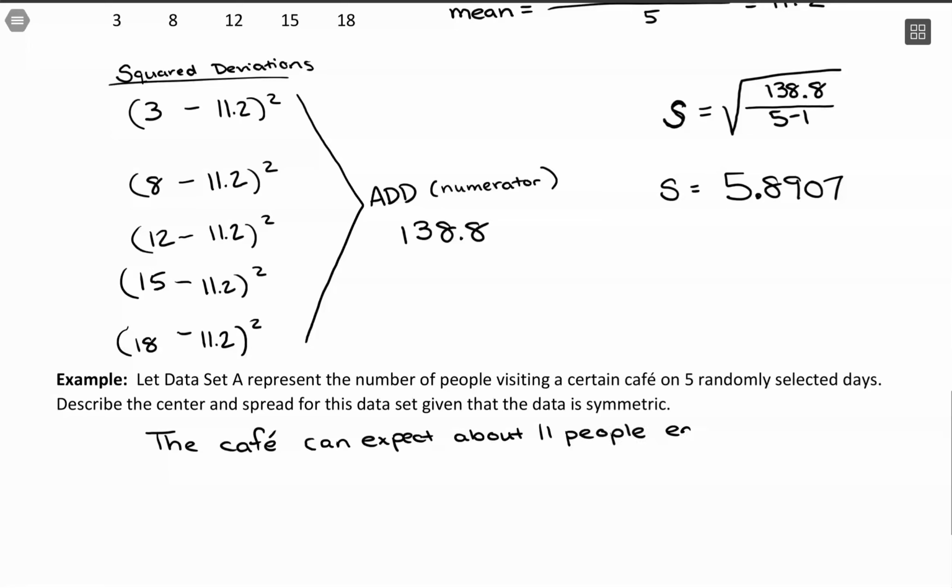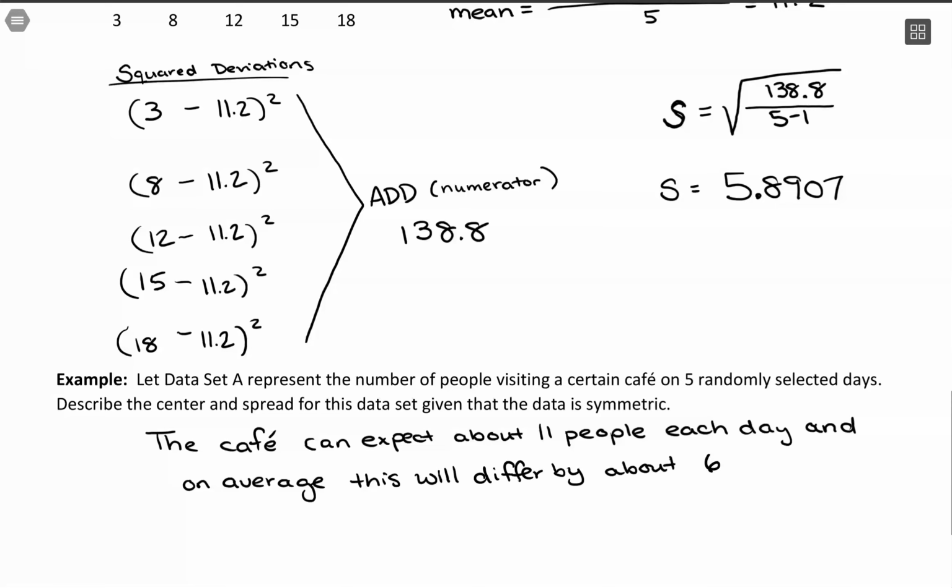So let's say people each day, and on average, this will differ by about 6 people.